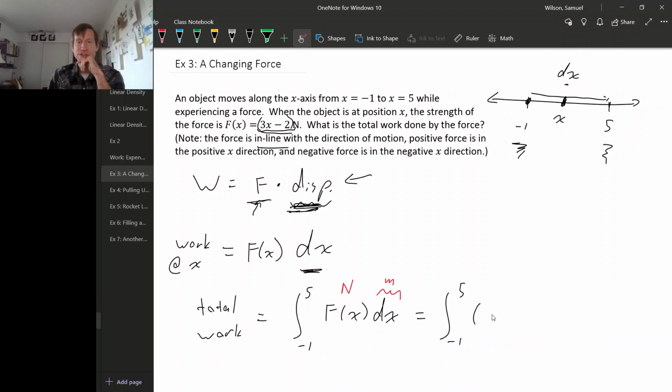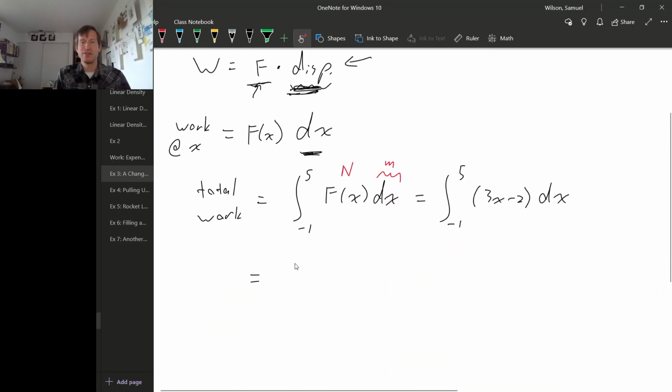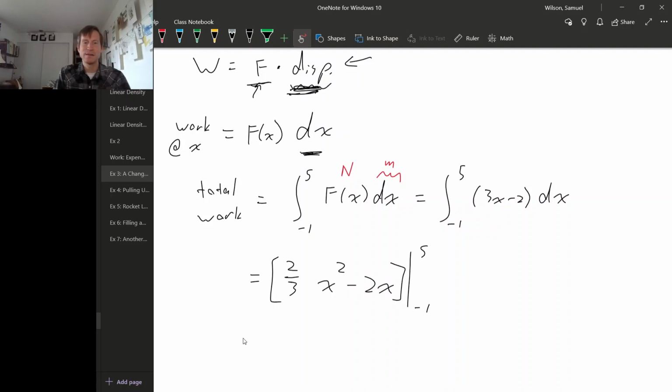The force function is 3x minus 2 times dx, and now we can just integrate. The antiderivative is 3/2 x squared minus 2x. We evaluate at 5 and minus 1 and then subtract. Putting in 5, we get 50 over 3 minus 10, minus, plugging in the bottom bound, 2/3 plus 2.